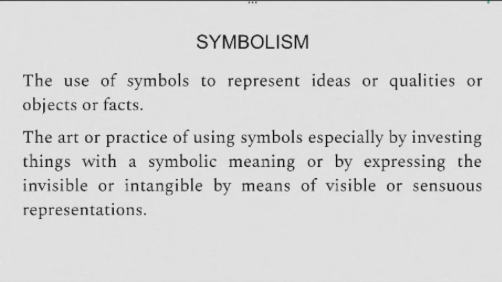Symbolism is the use of symbols to represent ideas or qualities or objects or facts, and the art or practice of using symbols, especially by investing things with a symbolic meaning or by expressing the invisible or intangible by means of visible or sensuous representations. Now, such an art, such a practice can be referred to as symbolism.